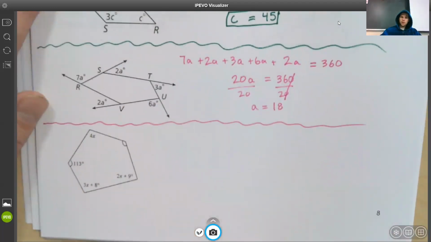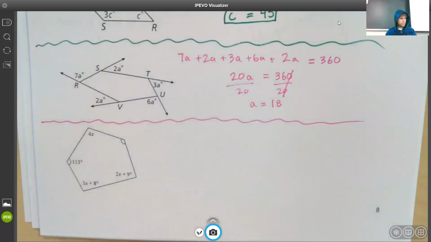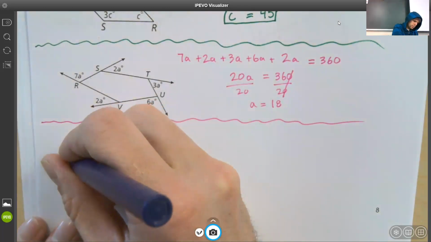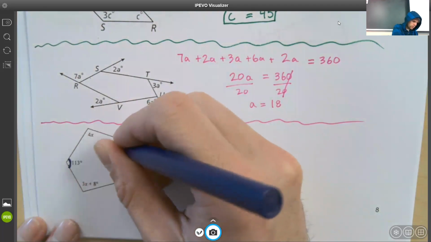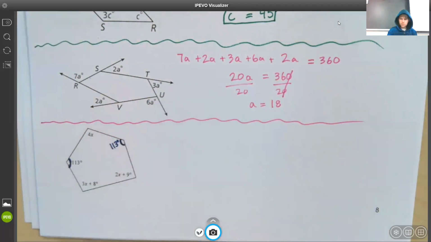Final question here on our paper. We have this problem. Real quick, it's maybe not super clear, but these are marked as congruent to one another. So this one is also 113. Small thing, but just make sure we make note of that. Otherwise, it's not necessarily solvable. All right.